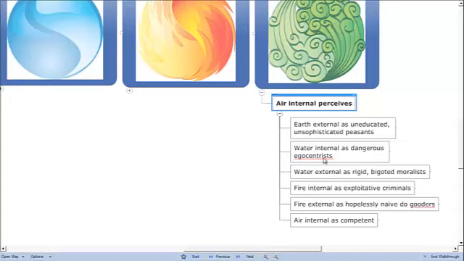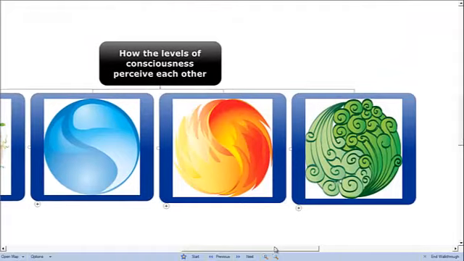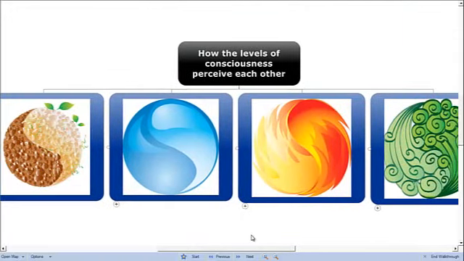So at each of these levels of consciousness, the way they see every other level of consciousness is criminality and insanity. So no matter what level you're at of consciousness, you see all other levels of consciousness as generally criminal and generally insane.